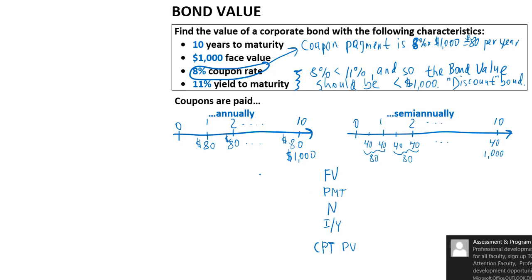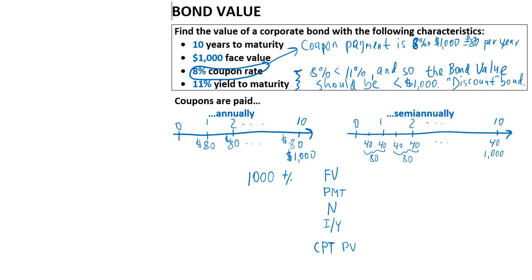With the annual coupons, the future value is 1,000. We set it to a negative value. The payment is 80. We also set it to a negative value. It's important that everything in the future, both the face value and the coupon payments, are entered with the same sign. And how many payments? We have one per year over the next 10 years, so we put 10. IY is the discount rate, that's 11%, it's given.